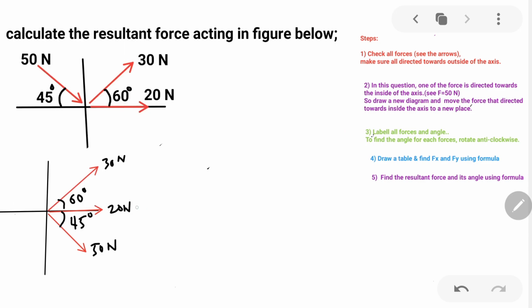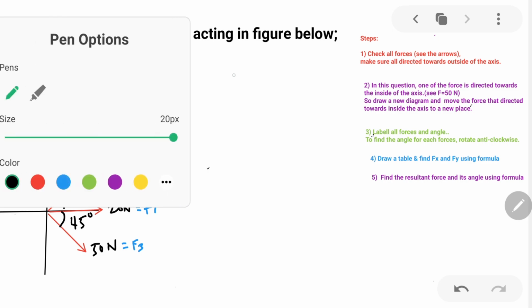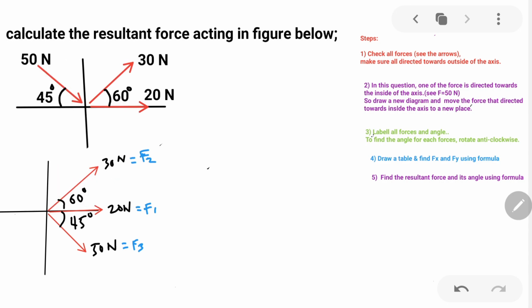So I will label 20 Newton as F1, 30 Newton as F2, and 50 Newton as F3. And then we also need to label the angle.